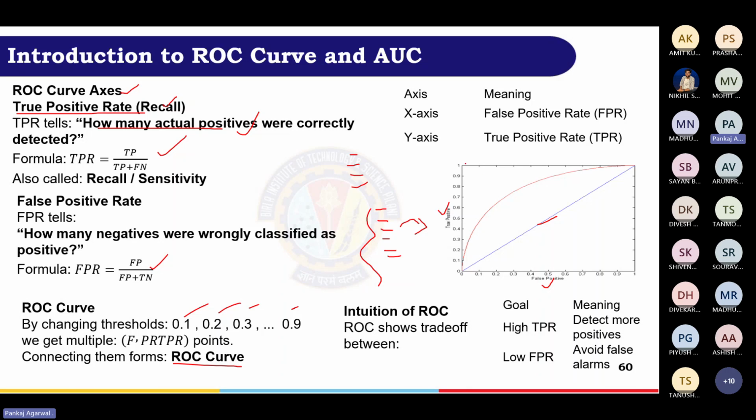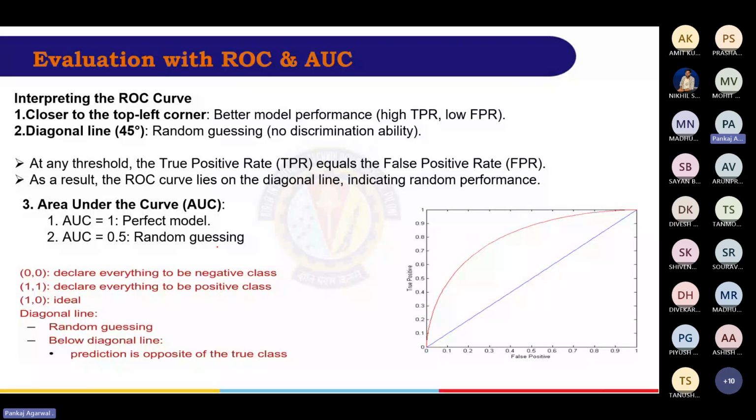So typically, this is the best value I could have obtained, right? Interpreting this curve, the closer to the top left corner, the higher you get, okay, the better the model performance. The diagonal line is a kind of random guessing, right?